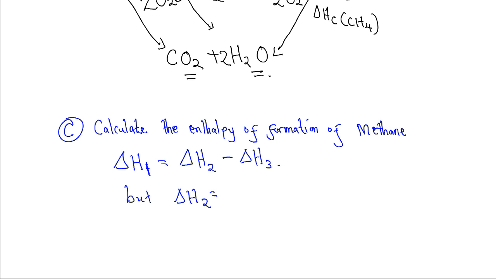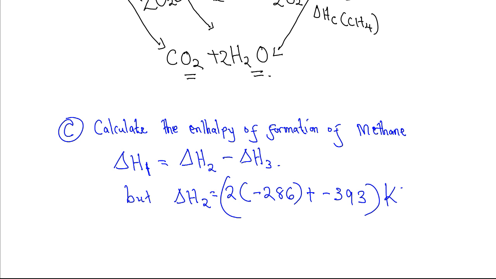So therefore, delta H2 will be first 2 times that of hydrogen, that is 286, plus that of carbon, which is still 1 mole, and therefore we simply take minus 393, everything kilojoule per mole. Let us connect the two.